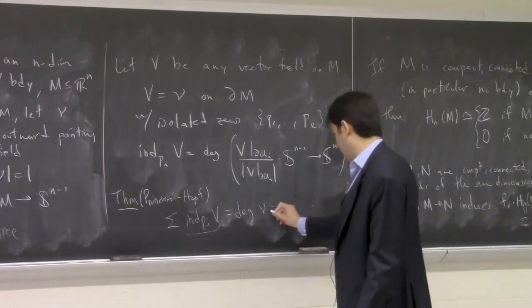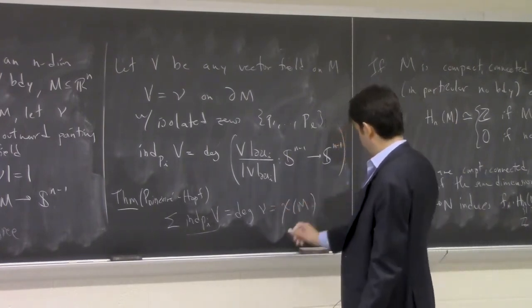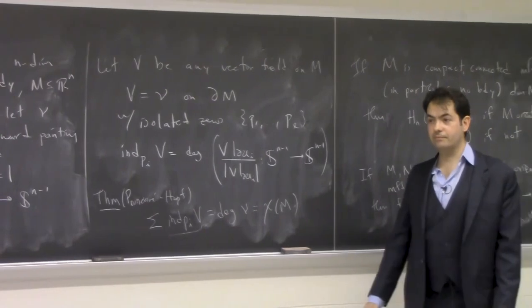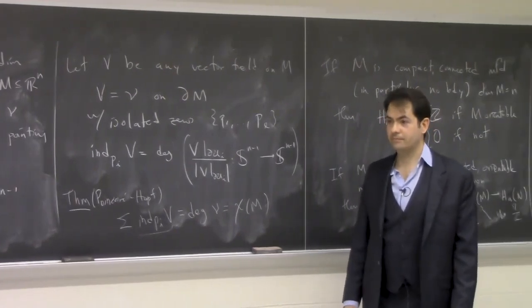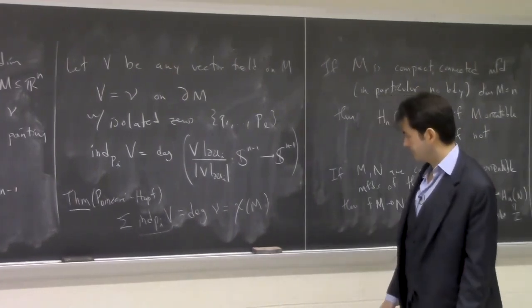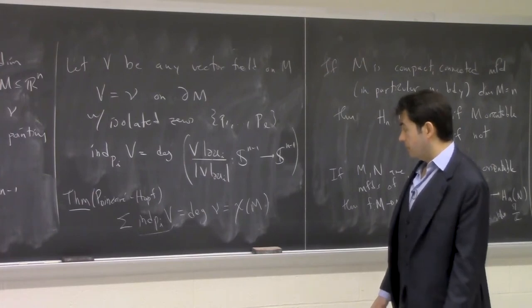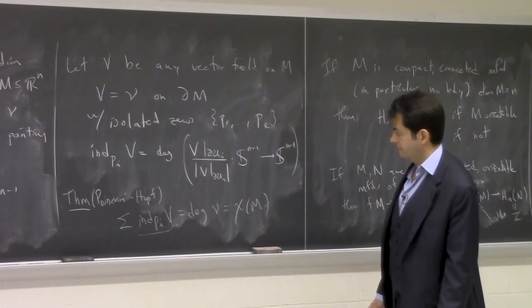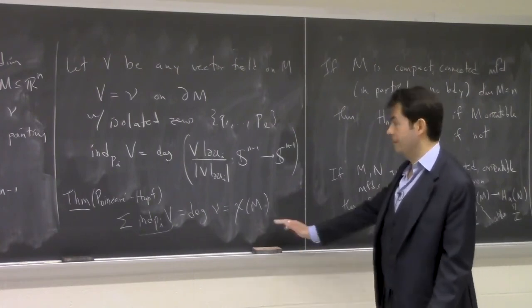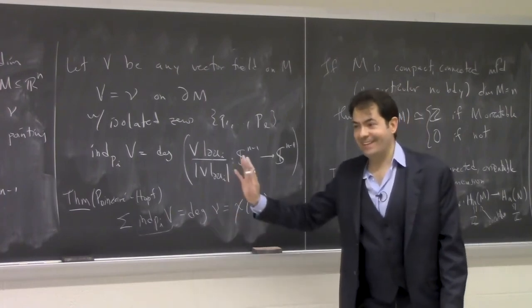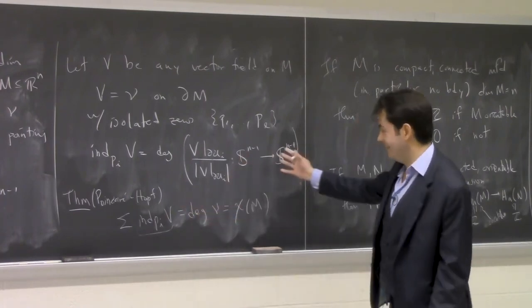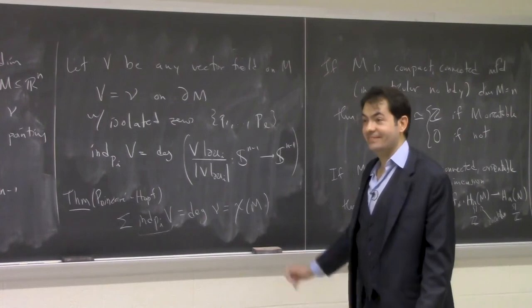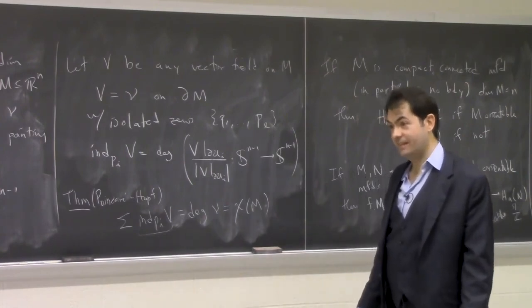But even better, that is the Euler characteristic. Anyway, it's a digression. Smooth manifolds are awesome. And that's the Euler characteristic of M itself?